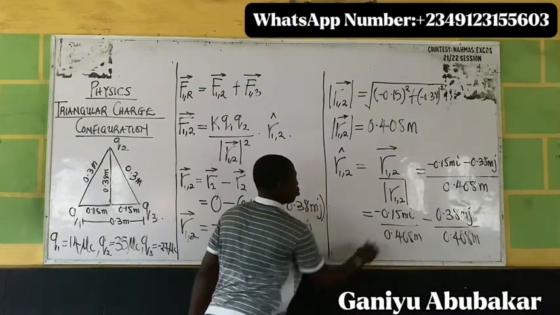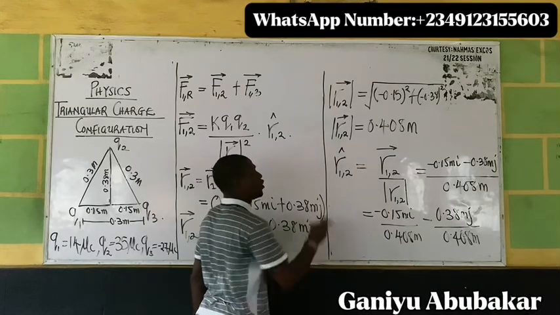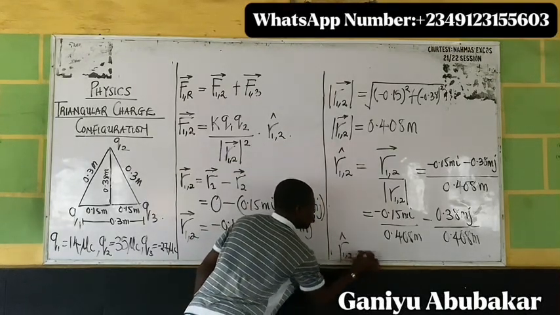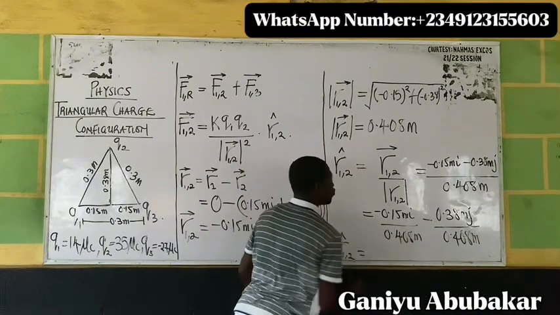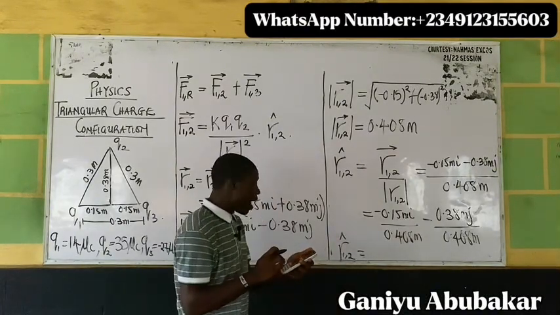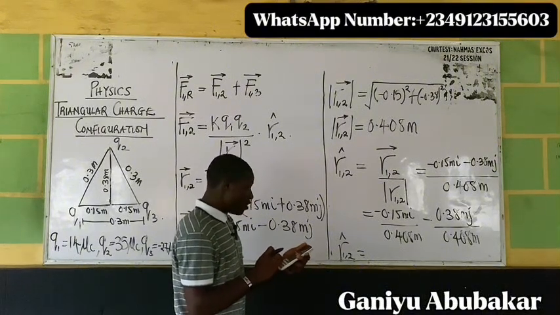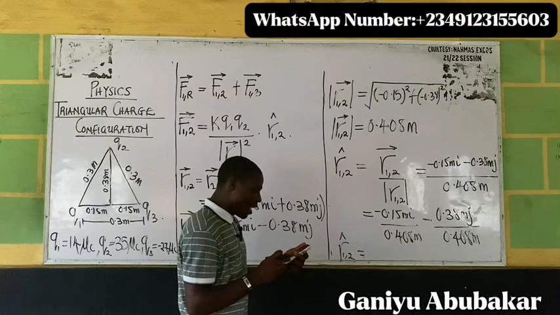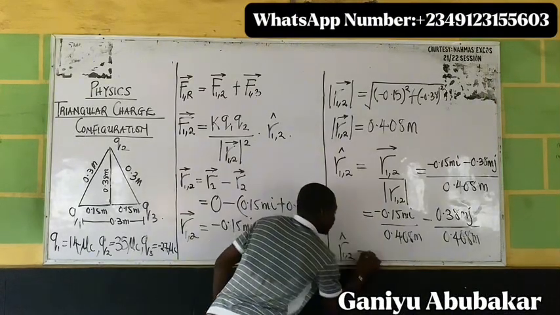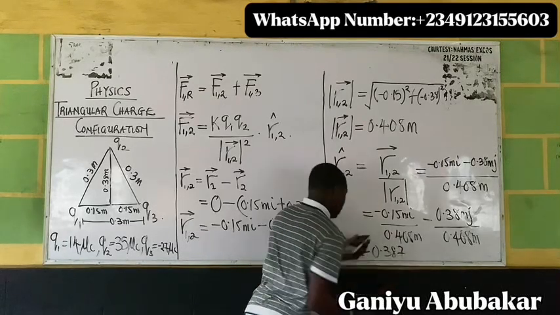Now I'll divide these, which means the unit vector of R12 is equal to: 0.15 divided by 0.408, so I have a negative 0.367.